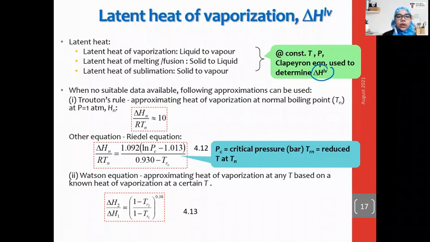The second is the Watson equation, approximating the heat of vaporization at any temperature based on a known heat of vaporization at a certain temperature, so we can determine the latent heat using the reduced temperature. Both Trouton's rule and the Watson equation are only applicable if no suitable data is available.